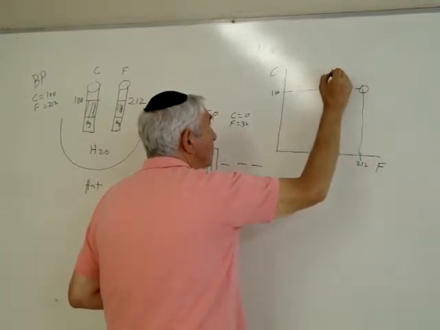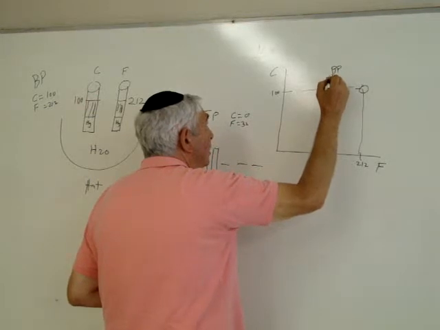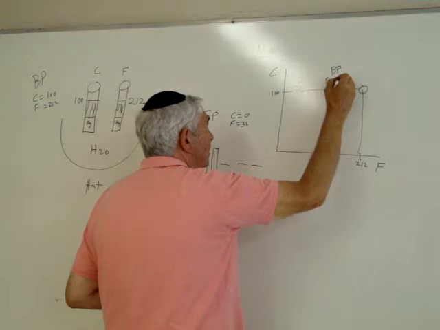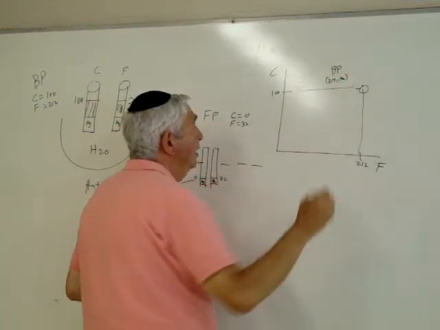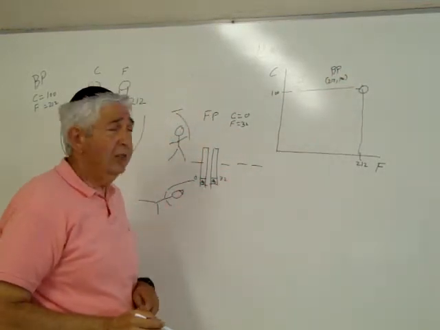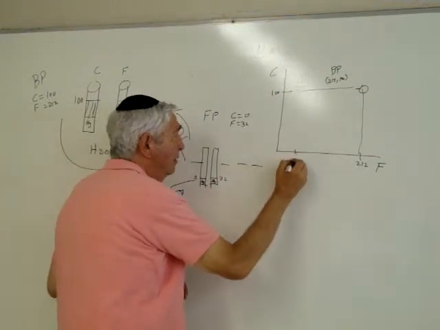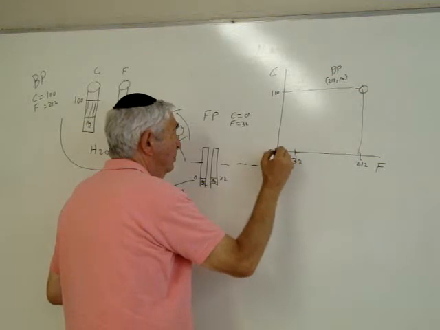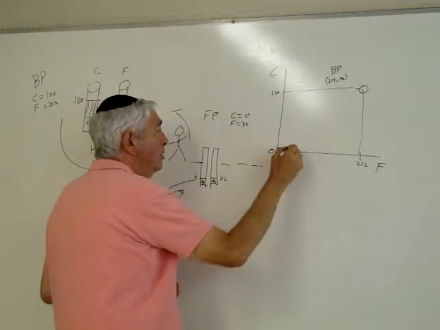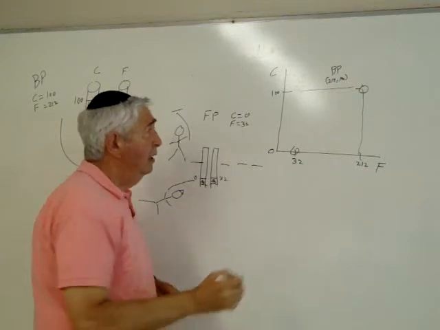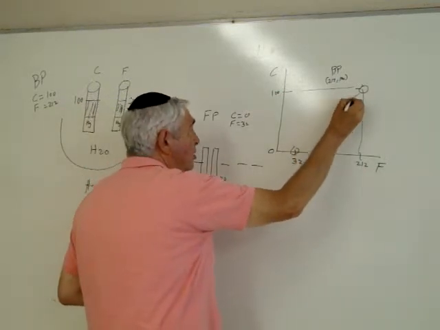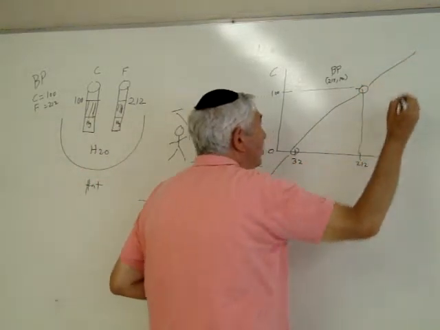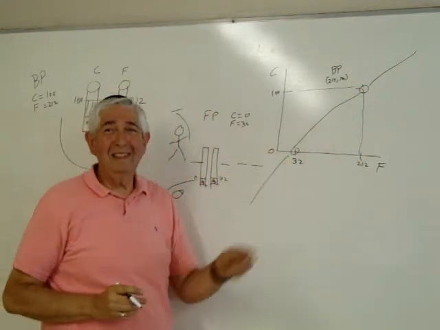So it's this, boiling point, Fahrenheit is 212, Celsius is 100. Okay, what about the freezing point? The freezing point is where the Fahrenheit is 32 and the Celsius temperature is 0. Okay, 2 points determine a straight line, and I'm going to draw a straight line. Actually, it doesn't look so straight, but it's supposed to be straight.